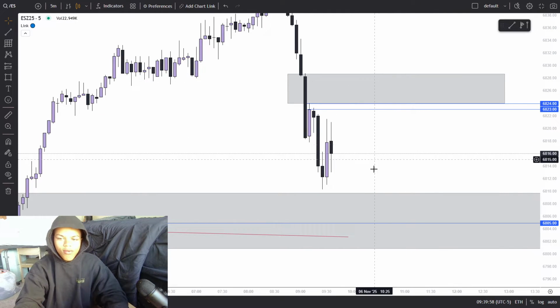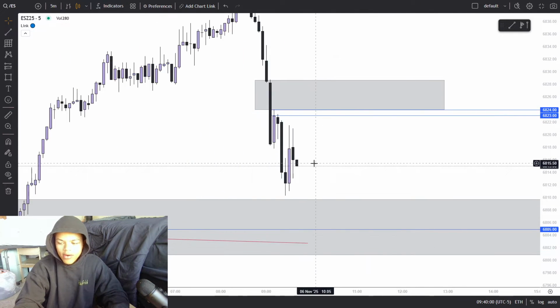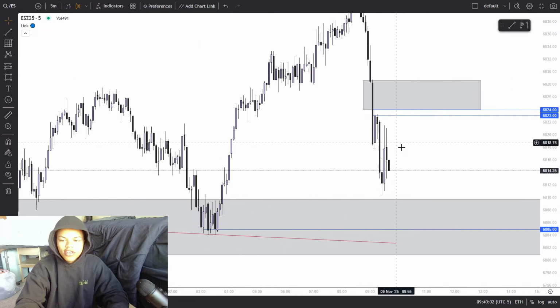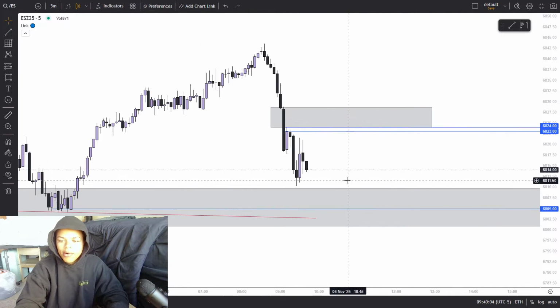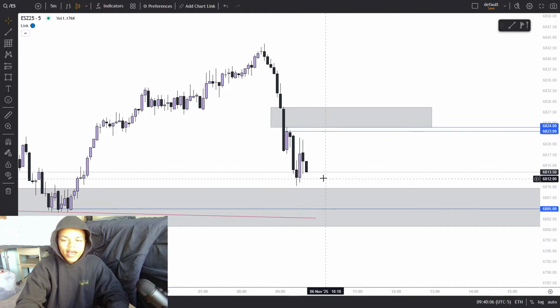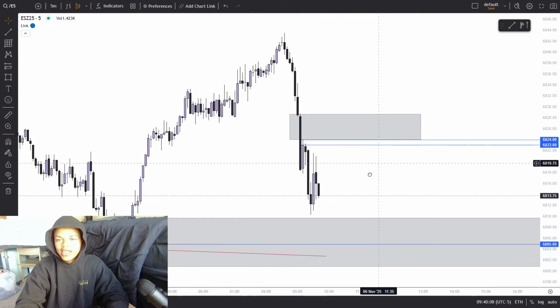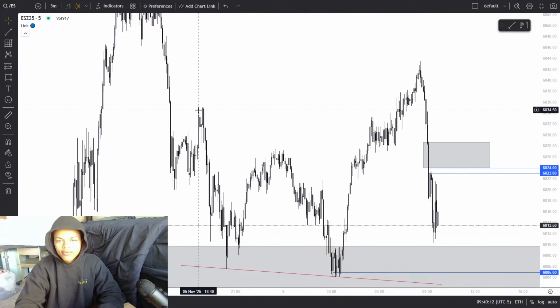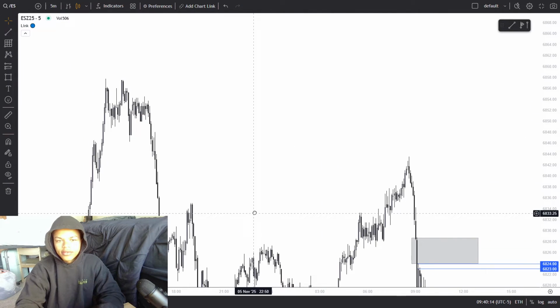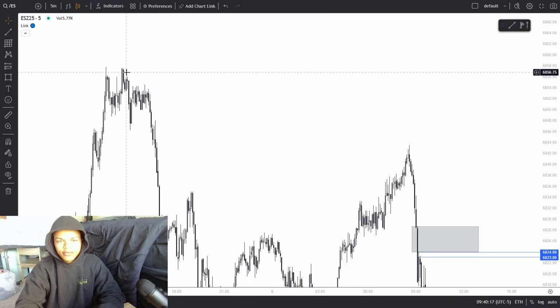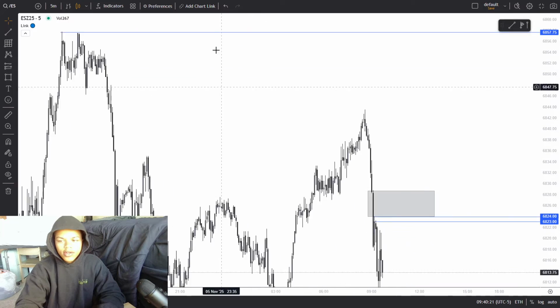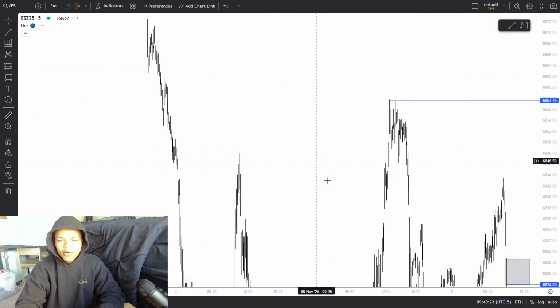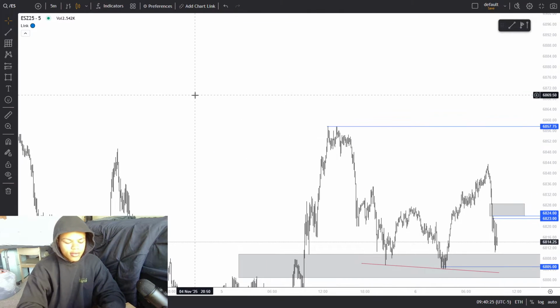So far, alright, I really like how we're staying under these highs, which is exactly what I wanted. But we're still having that kind of fake out to the upside, which is indicating to us that I feel like we want to come higher eventually. New York highs are all the way up here. It's crazy. But I'm pretty sure that's also where our daily gap is.